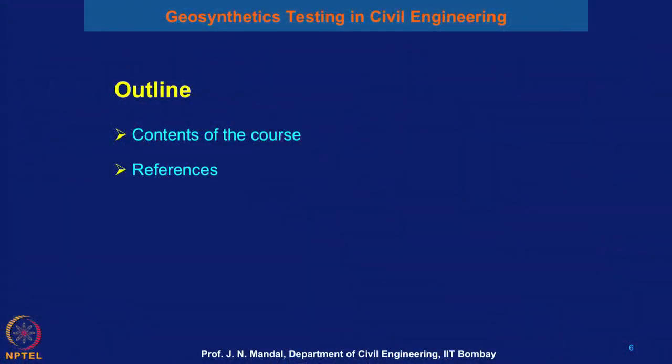In this module 1, lecture number 1, I will discuss the physical properties of the geosynthetics material. For the outline of the course, I will discuss the content of the course and provide some references.